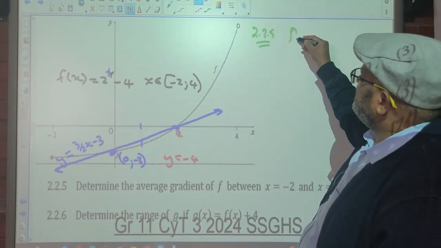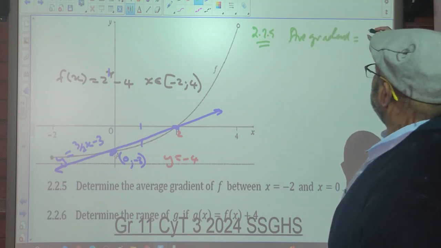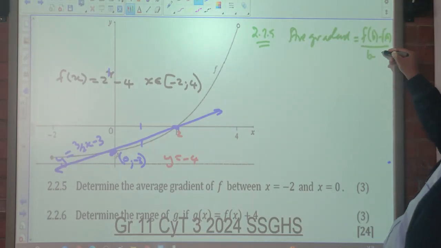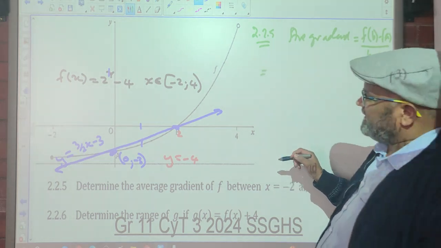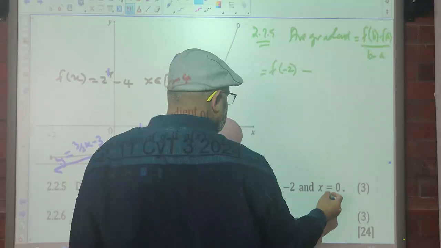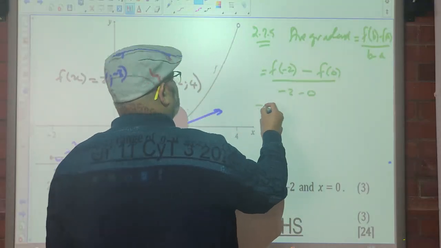Your average gradient is equal to f of b minus f of a over b minus a. In other words, f of minus 2 minus f of 0 over minus 2 minus 0.